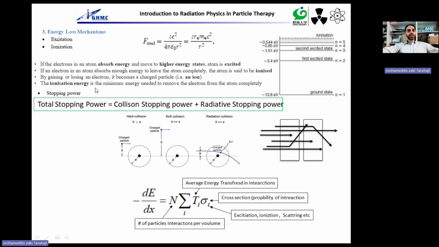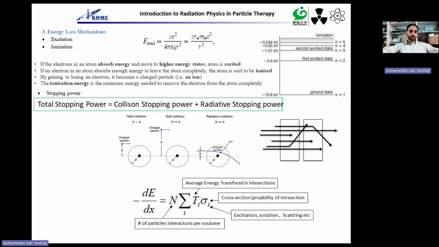The ionization energy is the minimum energy needed to remove the electron from the atom completely. So it has to be higher than the binding energy that connects the atoms together. Now we understand how the particle is going to lose the energy, but how the particle will stop is related to what we call the stopping power.